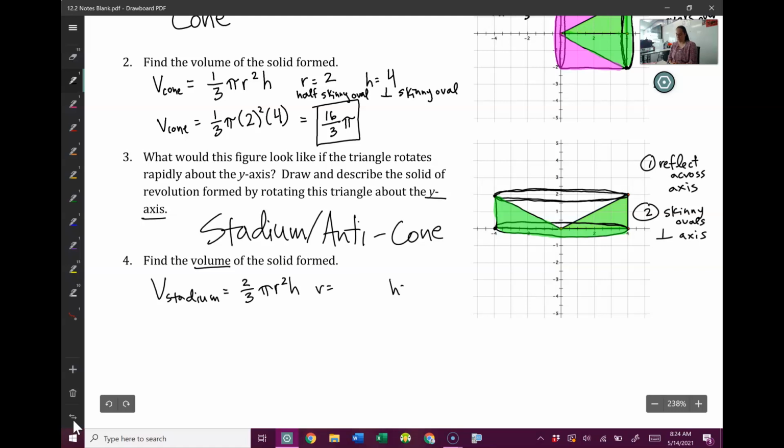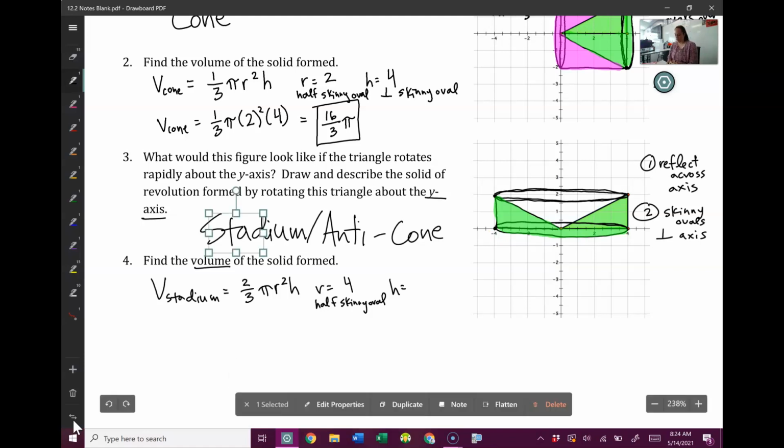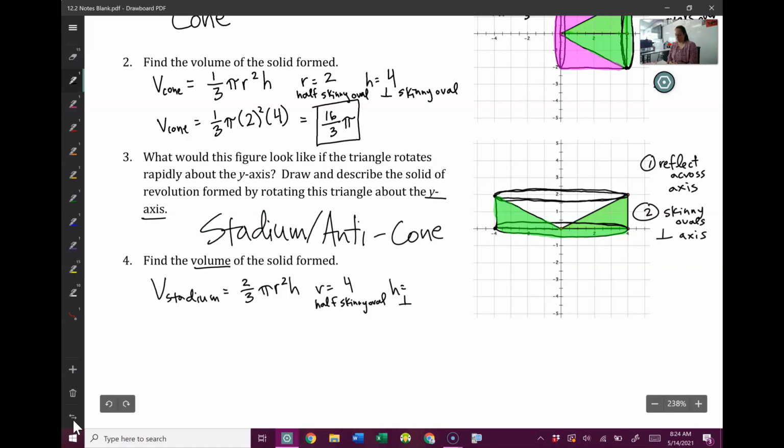So once again, I need to find r and h. So r is half of the skinny oval. So I go to my skinny ovals, I want half of it. So that's going to be 4. Doesn't matter, it's negative, I just want the distance, so I'm just going to make it a positive. And height is perpendicular to the skinny oval.